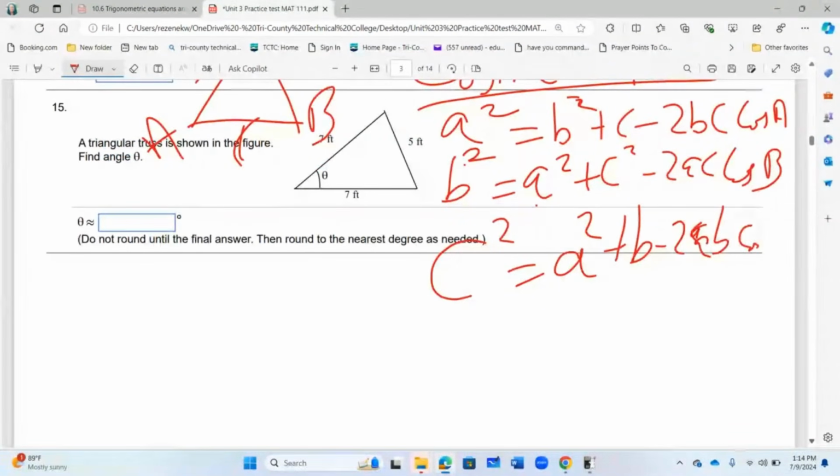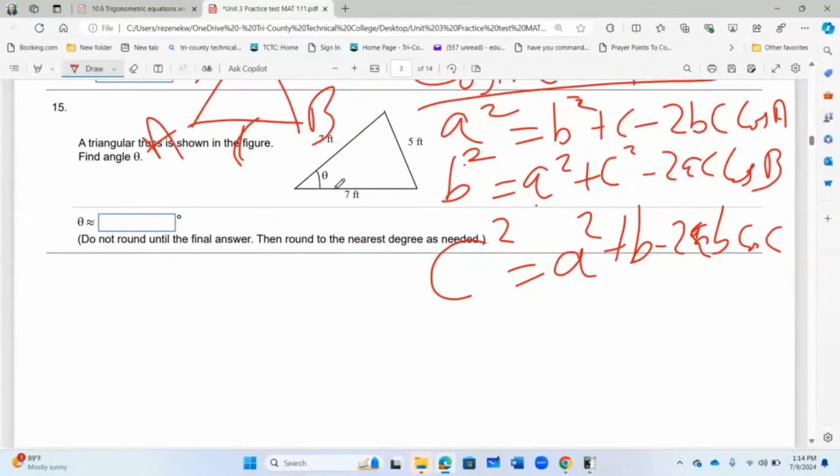Okay. And then if I'm given 3 sides of a triangle, like in this question now, there's no way I can solve this problem unless I use cosine rule. So we can actually solve one of these for cosine, because I could be told to find an angle like this.